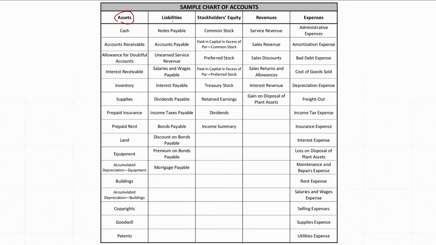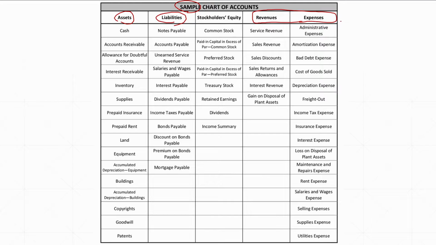All the liabilities are listed here. Of course, this list is not comprehensive. It does not include all the accounts. Every company has its own list of accounts or chart of accounts, but this is just a sample chart that shows the most common accounts under each account group.